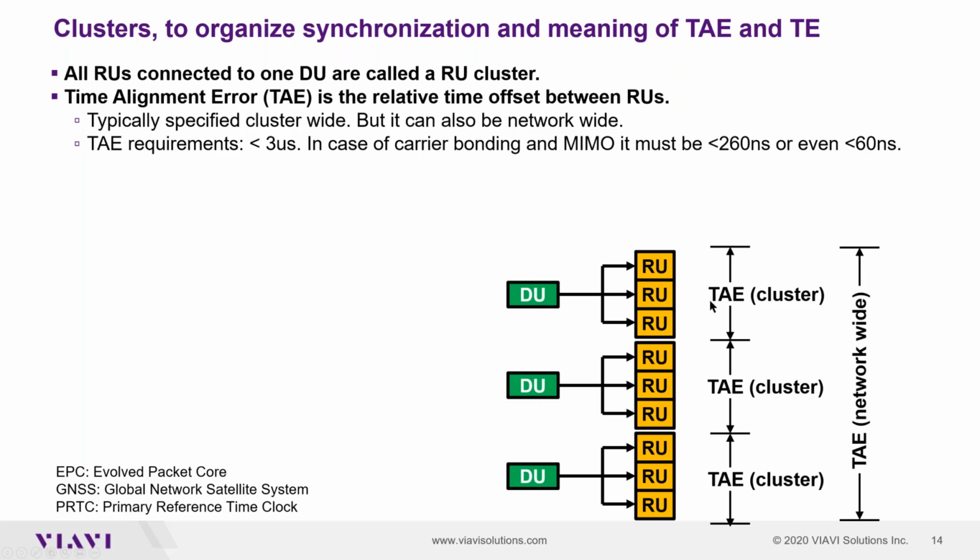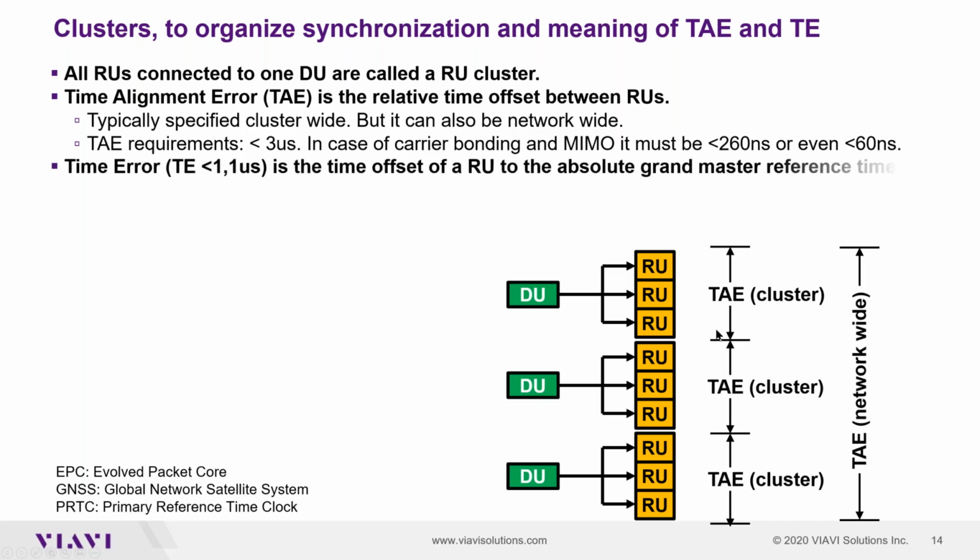Once we start with 5G, on the other side there are a lot of advantages: carrier bonding, MIMO, beamforming. If you go to the maximum beamforming and carrier bonding, the requirement is below 60 nanoseconds time alignment. So this is the time alignment, and it is measured on the RF side.